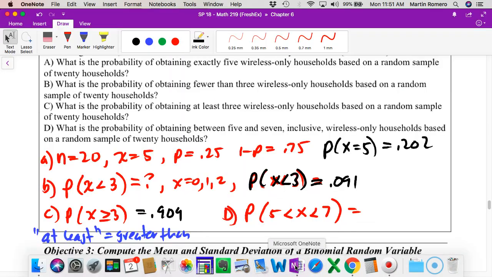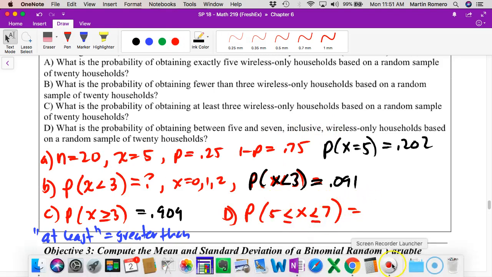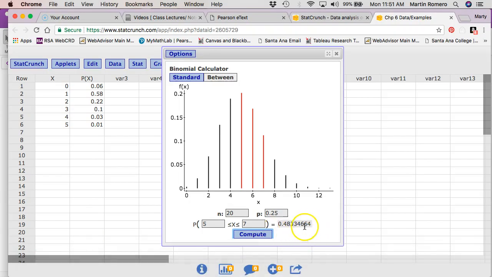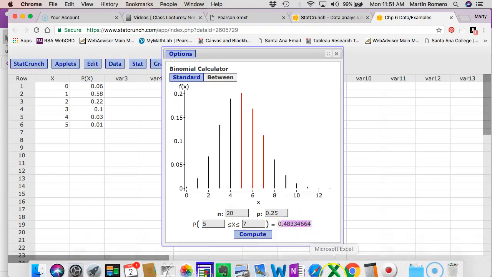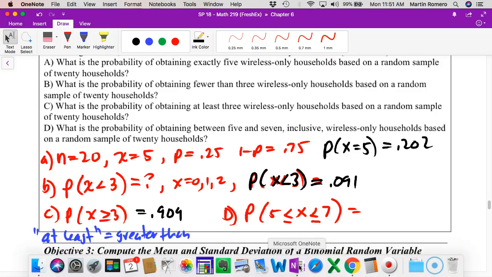Let's reread that question real quick. The probability between 5 and 7, well, inclusive. That's where we got inclusive, so let me change that symbol here. Sorry about that. Our answer is 0.483. 0.483 would be the probability.